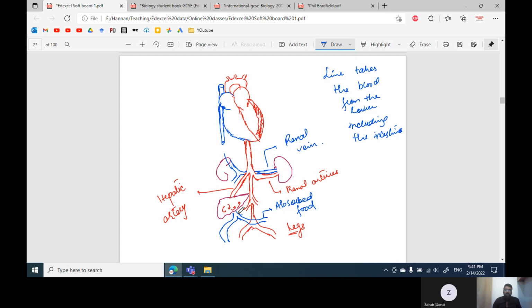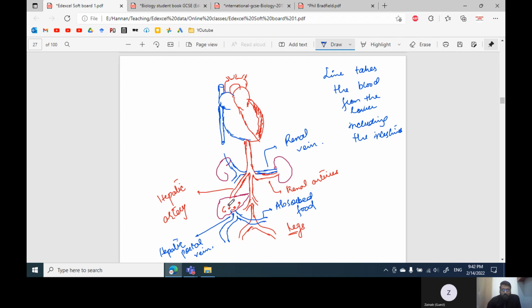Now this vein would first give all this food to the liver. Where all the veins combine and enter into the liver, this vein is known as the hepatic portal vein, because all the veins from the lower part of the body, including the intestine that is containing the absorbed food, would first enter into the liver.